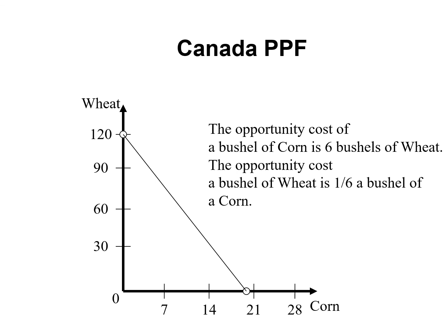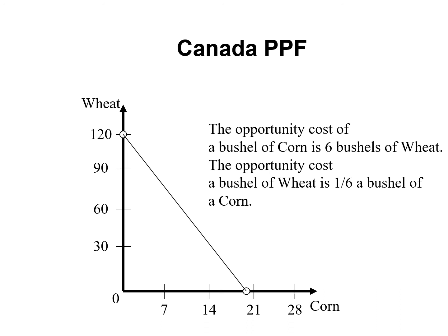Let's assume for a moment that they wanted to shift all production away from wheat and towards corn. So Canada will give up 120 bushels worth of wheat production to increase corn production by 20, the maximum level of corn production. So all land, capital, and labor in the agricultural industry is now allocated towards corn.